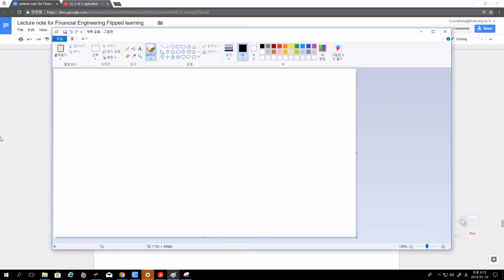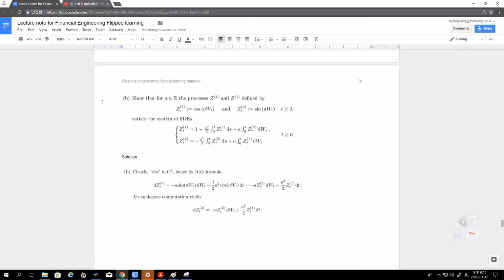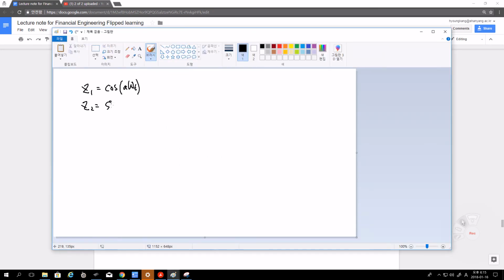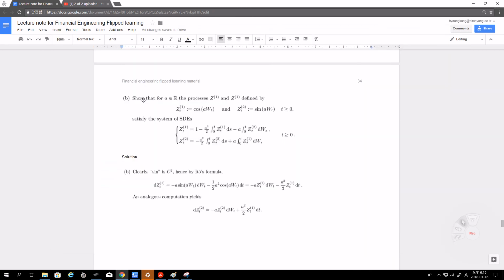So z1 is cosine a wt, and z2 is sine a wt, right?